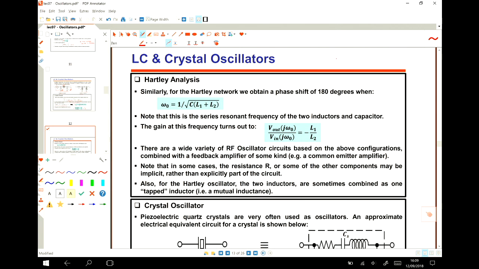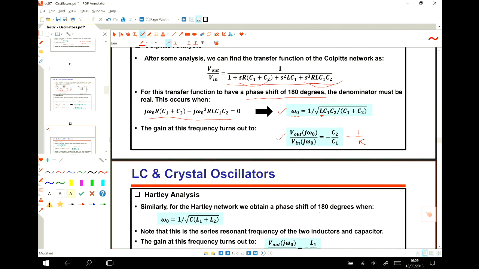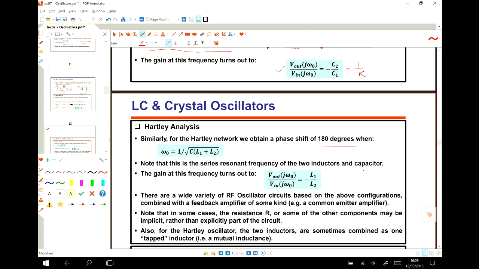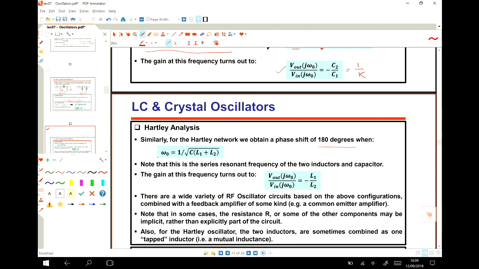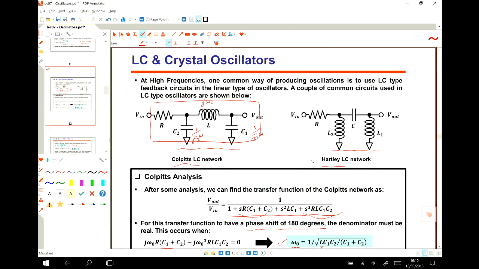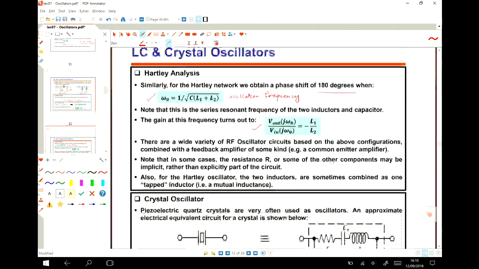So again, if you write that down and try to satisfy this condition, then we will find that omega naught, which is the oscillation frequency, comes from this equation, and the gain of the network that we have, the Hartley network, comes from this equation.